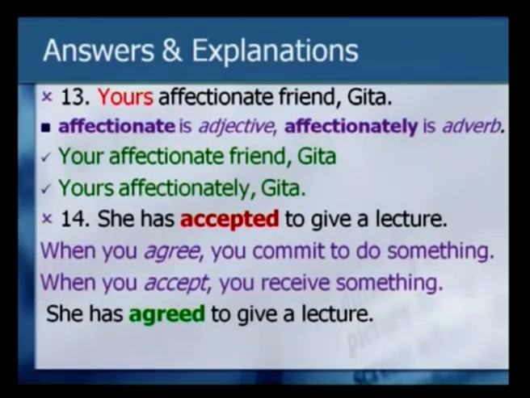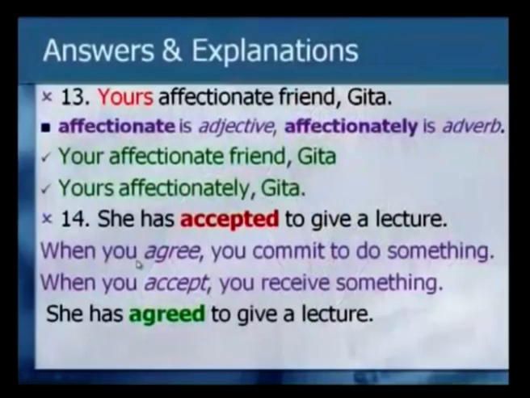I accepted the offer, and when you accept, you get it in your hand. When you agree, you commit to do something, like you say that you will give a lecture. So, the right form here is: she has agreed to give a lecture.